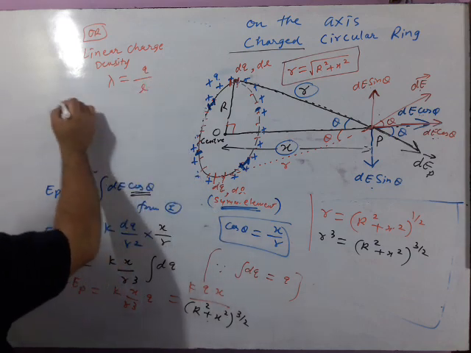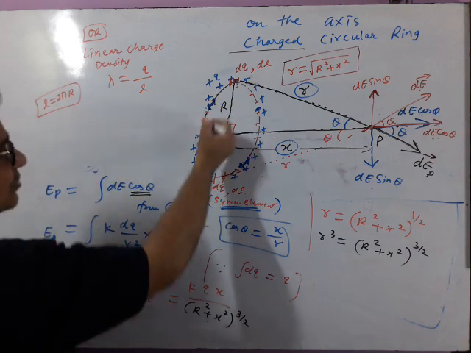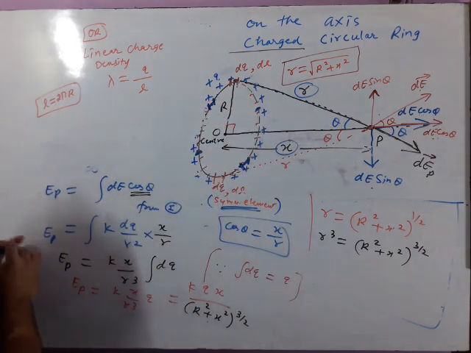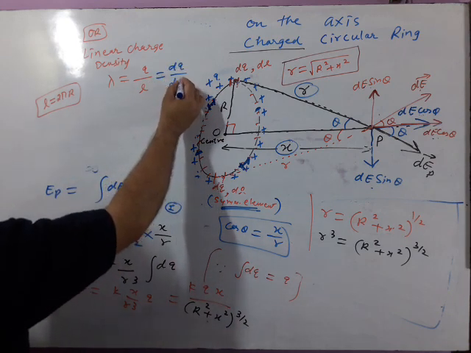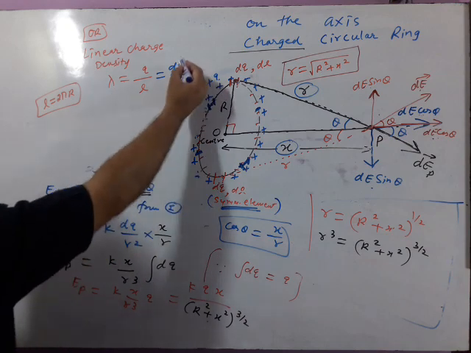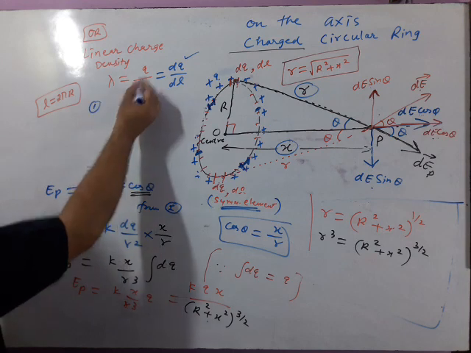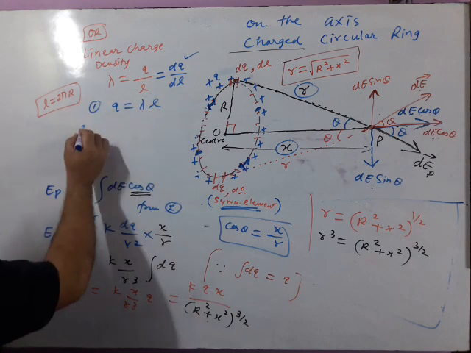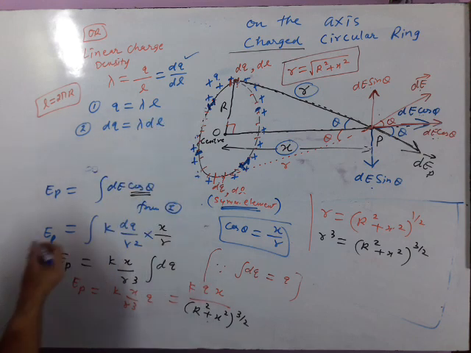This total length is nothing but the circumference of the ring on which this positive charge is uniformly distributed. This is also the small charge over small length. This ratio remains constant. Now find dq. First, q will be lambda into L, and second, dq will be lambda into dl.